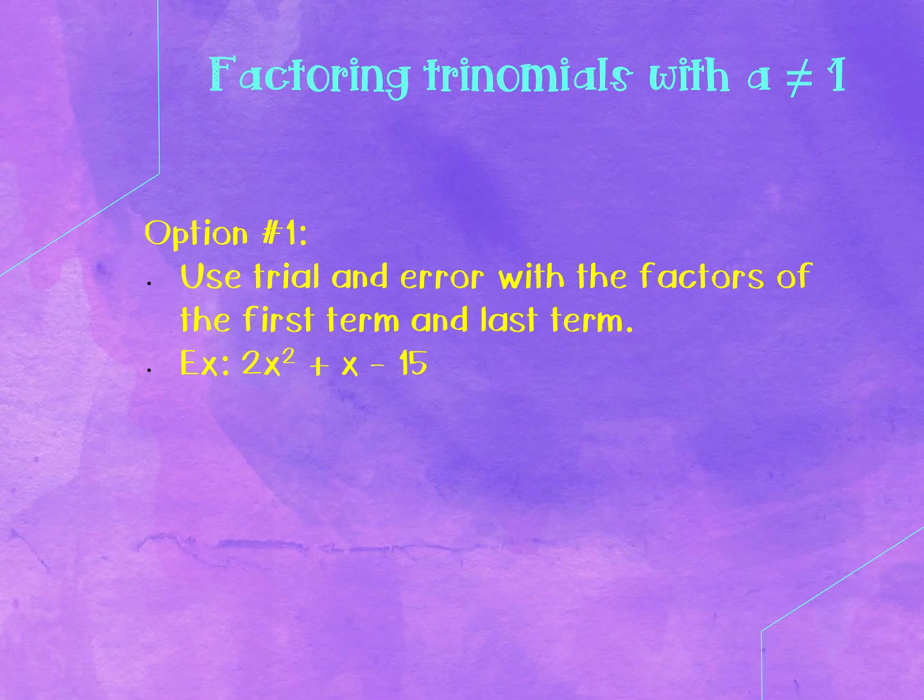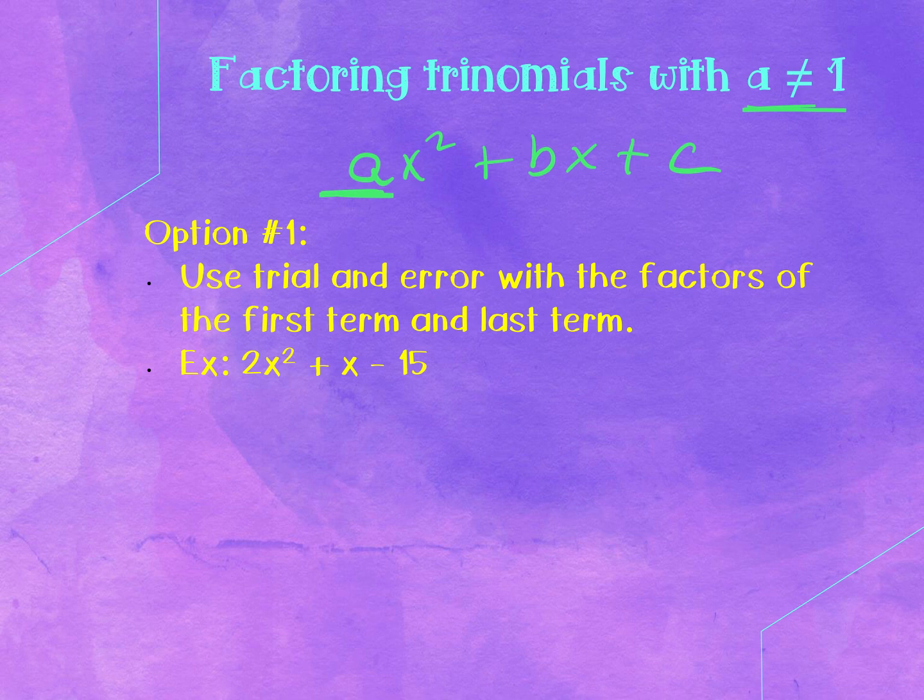All right, so for option 1, and this is when, again, our standard form, remember, is this ax squared plus bx plus c. It should always be in standard form when you're factoring the trinomials. Now remember, now we're going to be doing the harder trinomials where this number in front of x squared is not going to be a 1. It's going to be some other coefficient.